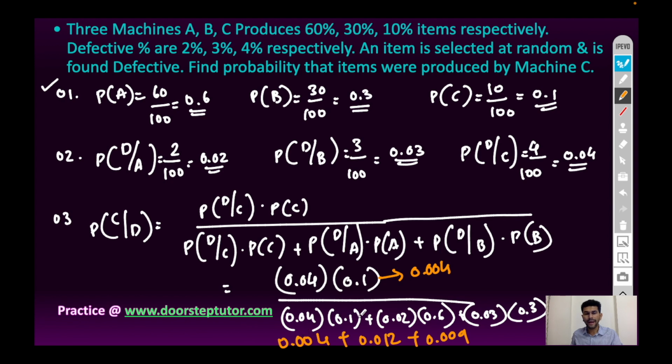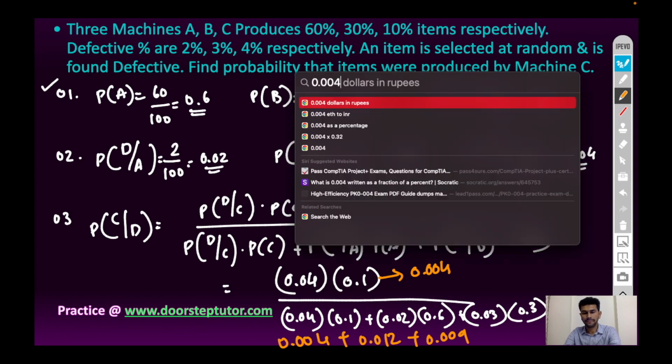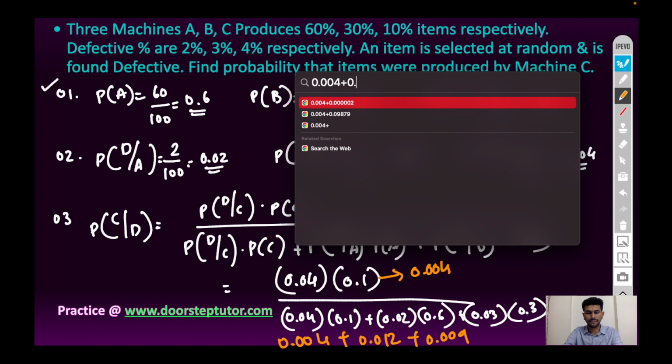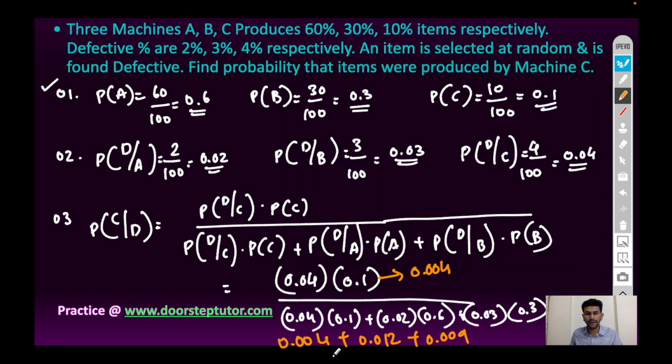First we will add the denominator: 0.004 plus 0.012 plus 0.009, that is 0.025.